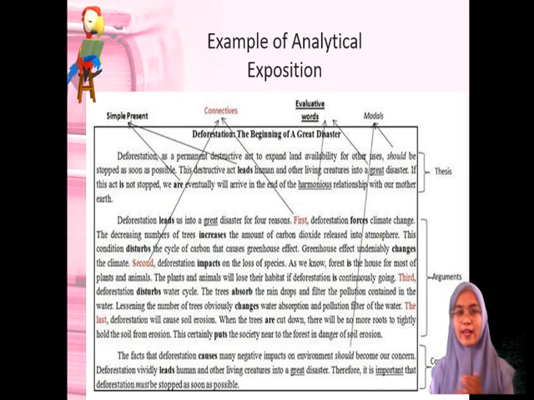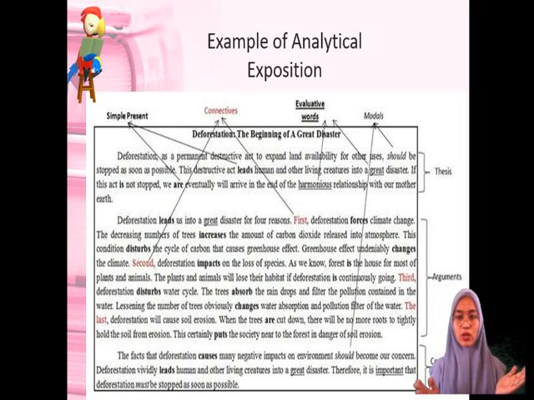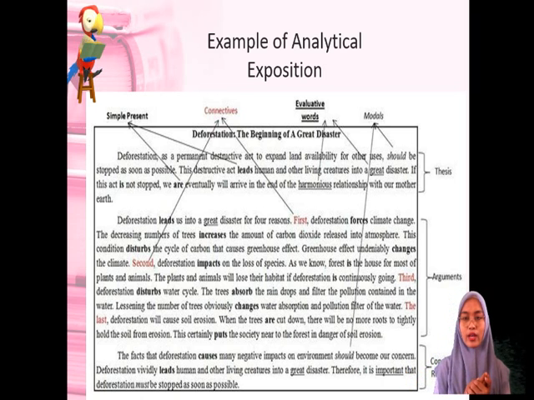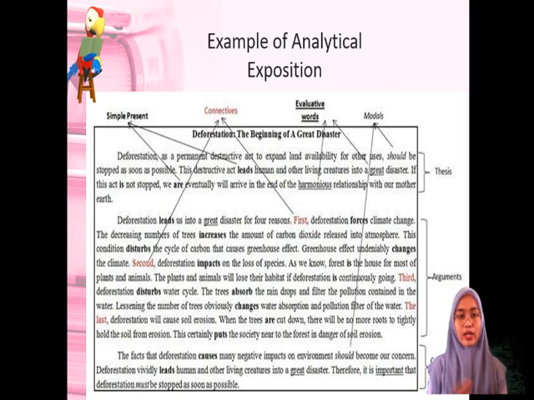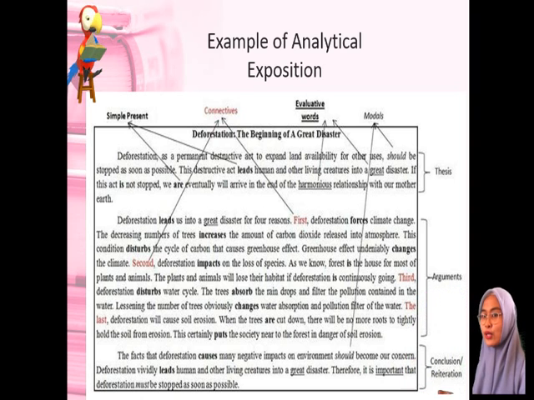Here is the example of analytical exposition. You can read it, and you can watch the video. In the first paragraph is the thesis. The second paragraph is the argument, and the last paragraph is the conclusion or reiteration.